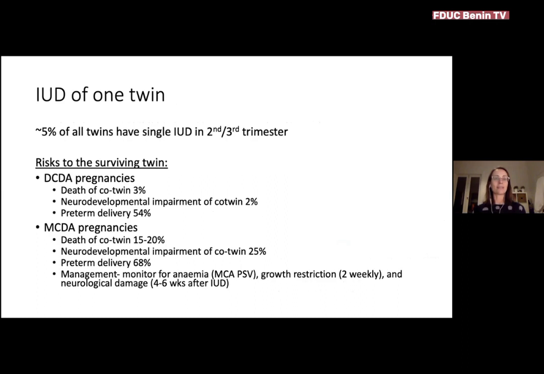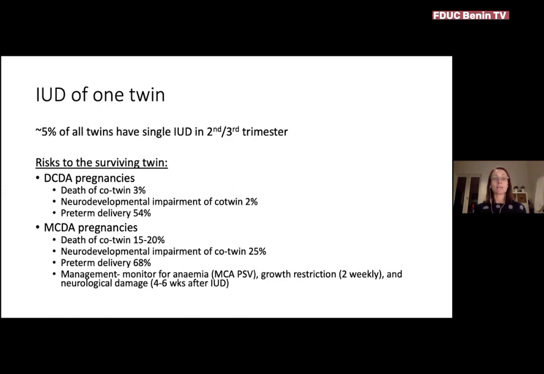So in DCDA pregnancies, there is a small risk of death to the co-twin, but the main risk is preterm delivery, which is over 50%. And in monochorionic twin pregnancies, the main risk is of death or neurodevelopmental impairment in the co-twin, with also a very high rate of preterm delivery.